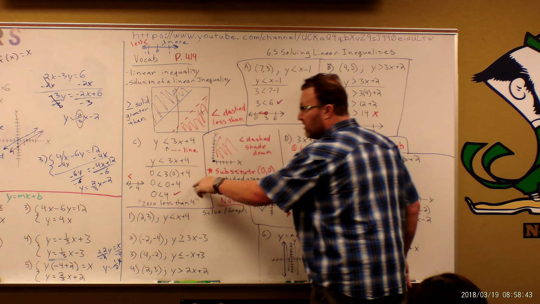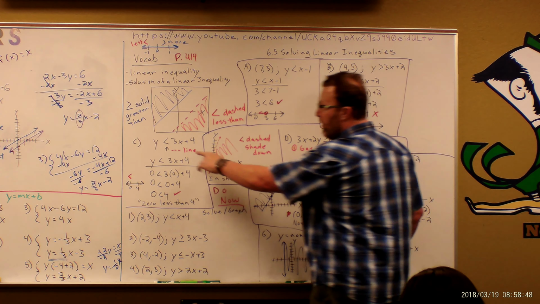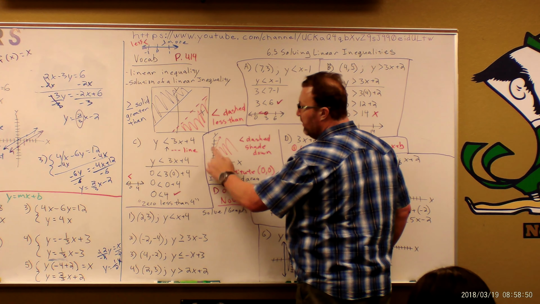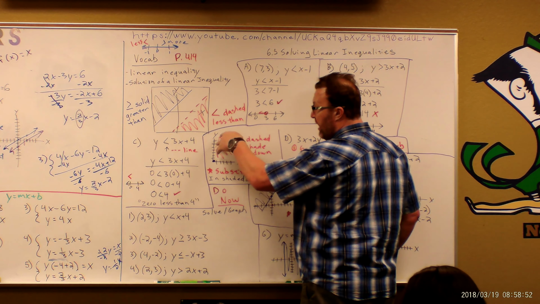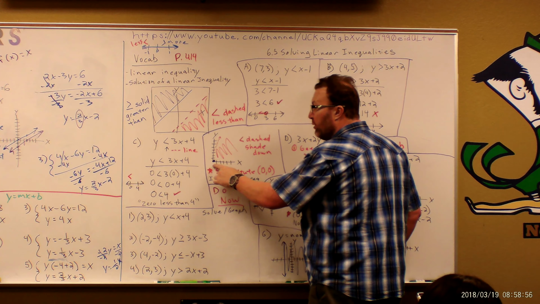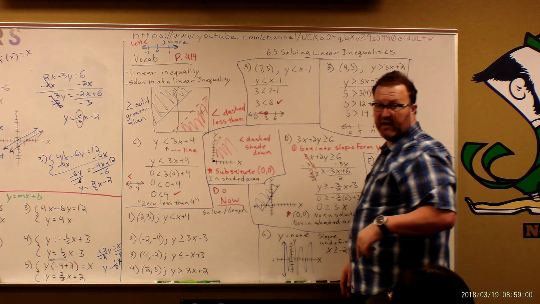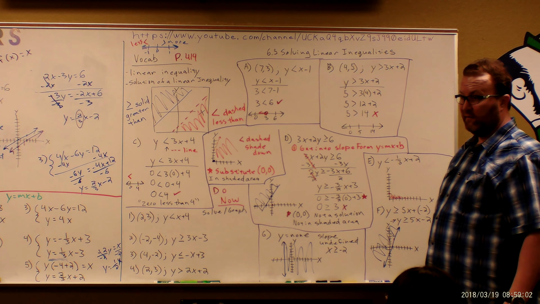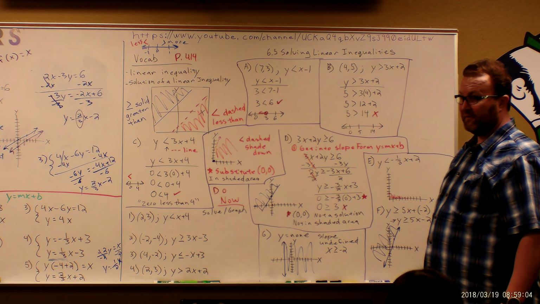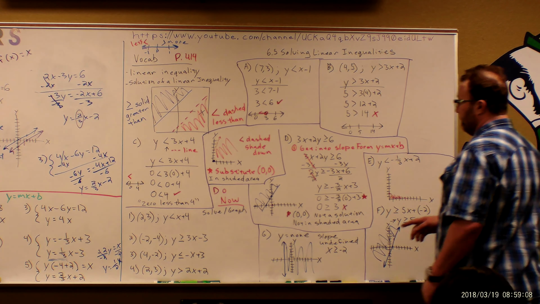Ultimately, us putting this solution in, we're trying to see if it's in the shaded area. So when we graph this out at the 4, and then do a 3 over 1, and put this dashed line in, and we shade down, 0, 0 is within this area. So this is a solution that works within the shaded area. Make sense? Yes? No? Okay.